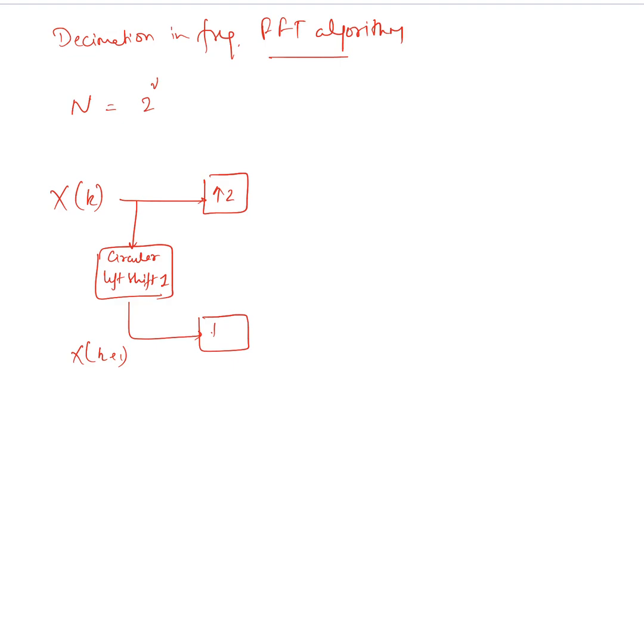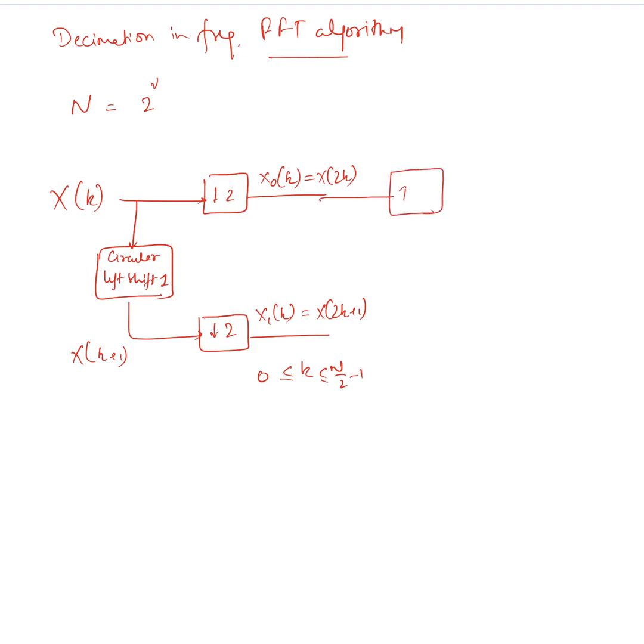Excuse me, so it was supposed to be the downsampling by 2, and the outputs let's call X0 of k and X1 of k. So this X0 of k would be equal to X of 2k, and this X1 of k would be equal to X of 2k plus 1. And they are valid for k lying between 0 to N by 2 minus 1.